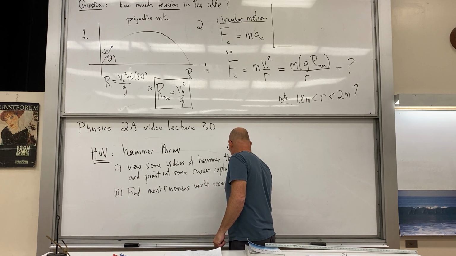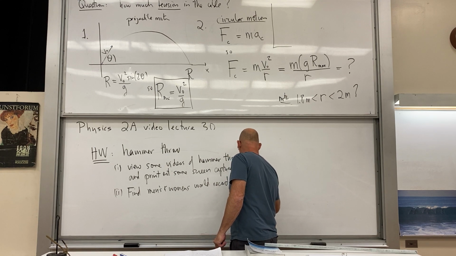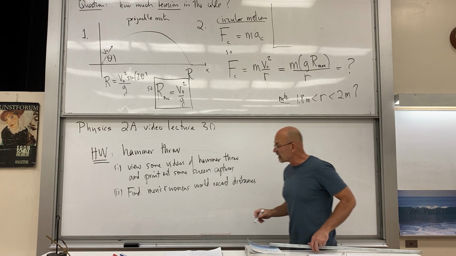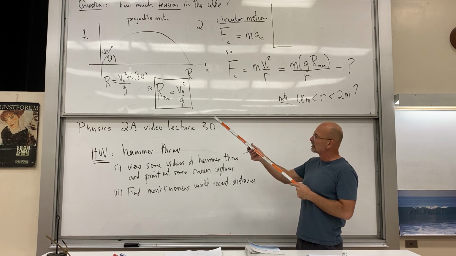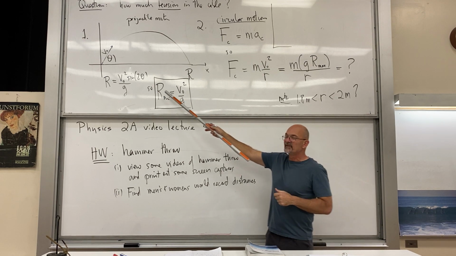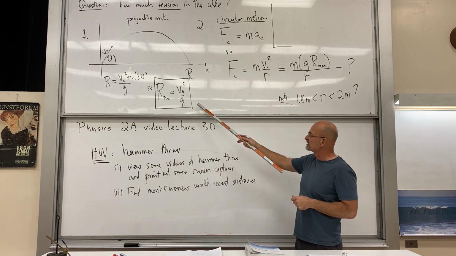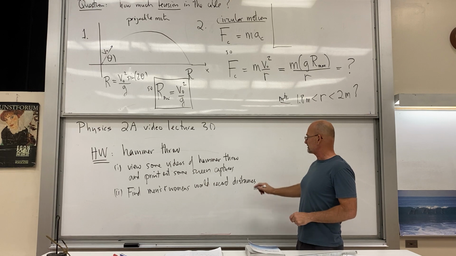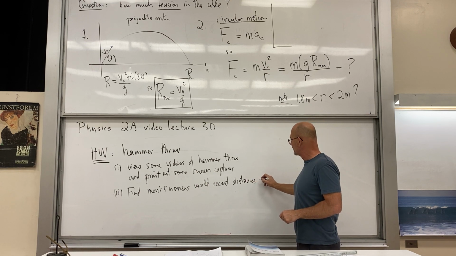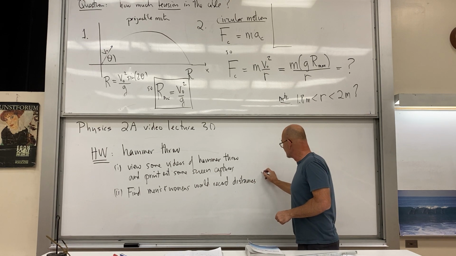World record distances. Those are our R max, right? You can pretty much assume that they're going at a 45-degree angle because it's a projectile and that makes a difference. So you want to find these. That's the R max.